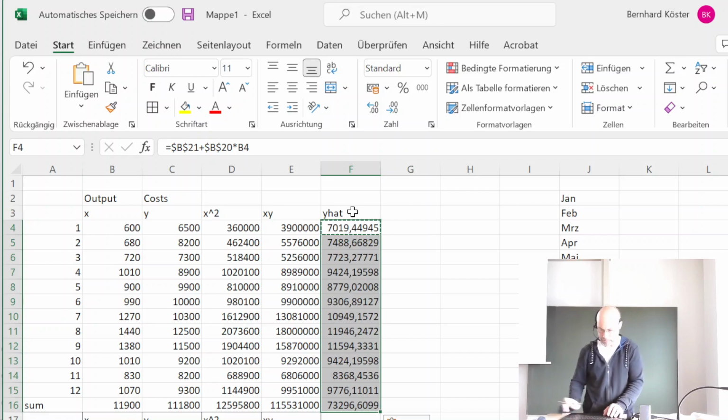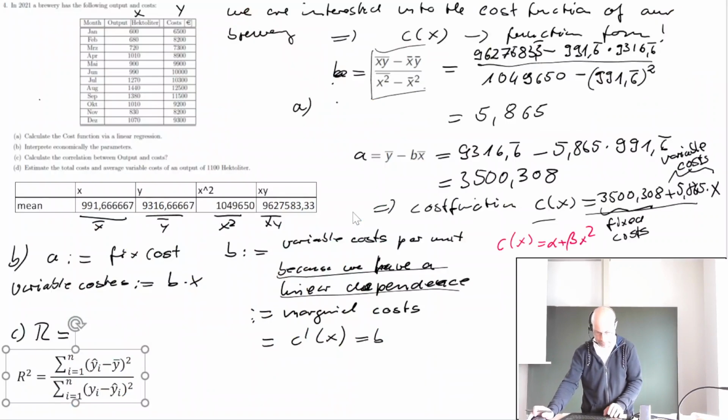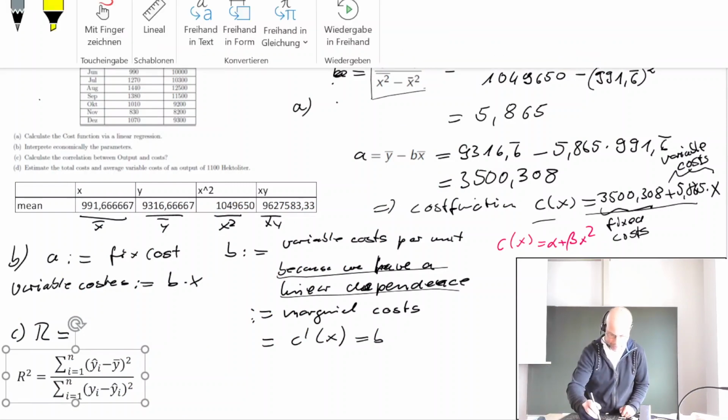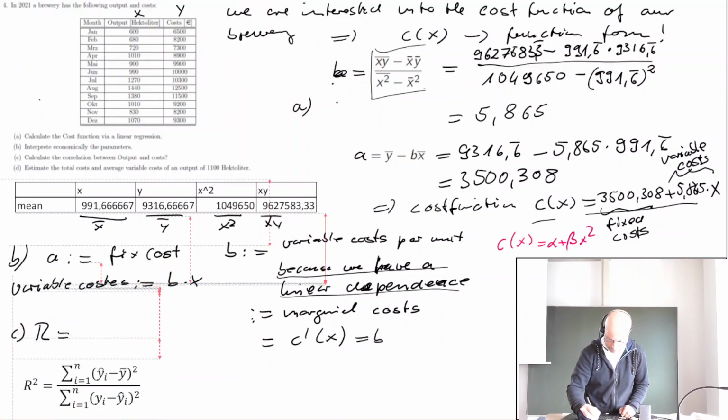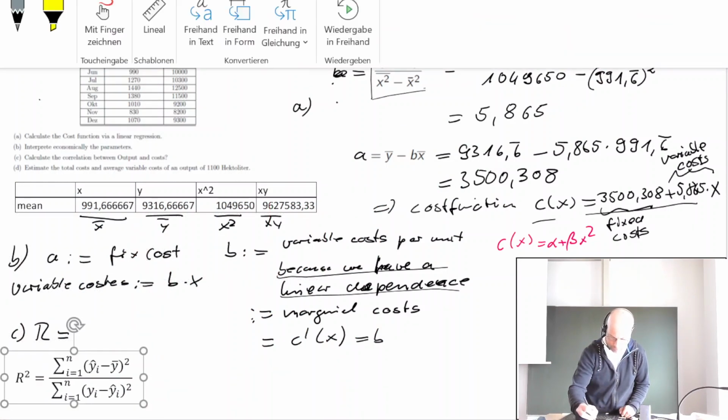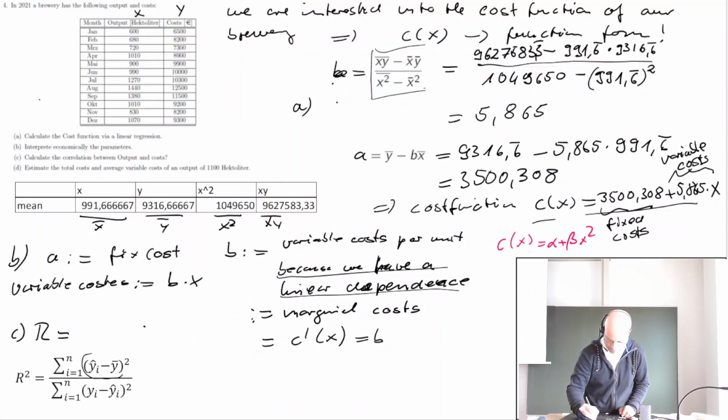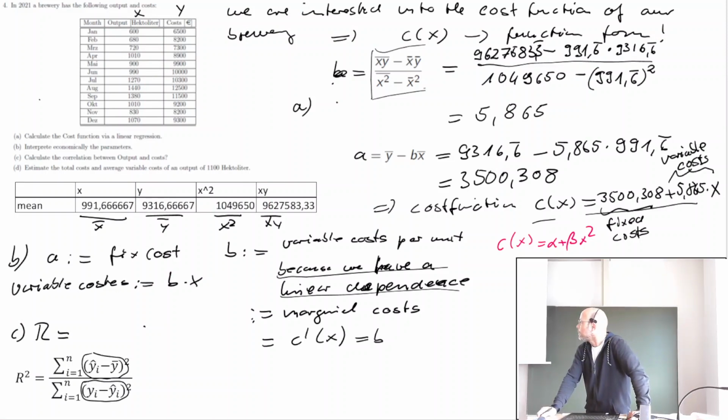And what do we need for r squared? The difference between the theoretical values y hat and the mean, and the total difference between the data points.